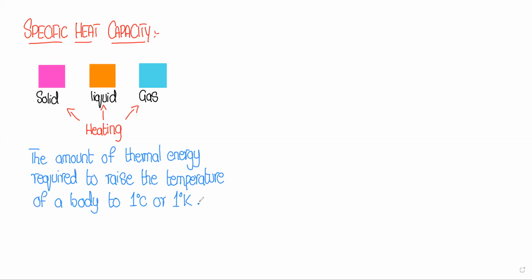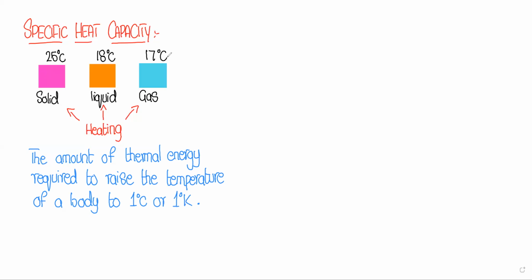So let's suppose we are talking about the amount of thermal energy or heat required to raise the temperature. Suppose solid, liquid, and gas have initial temperatures of 25 degrees Celsius, 18 degrees Celsius, and 17 degrees Celsius.